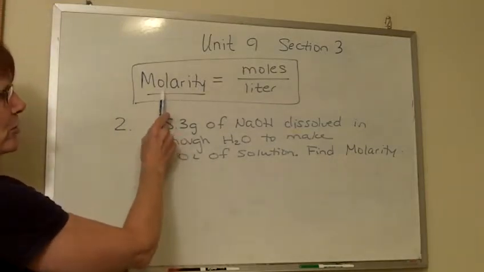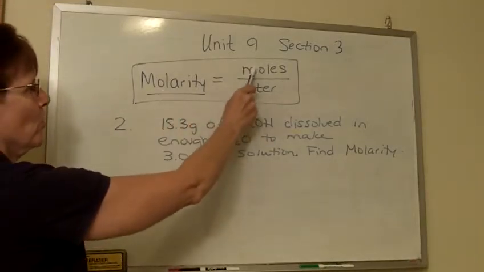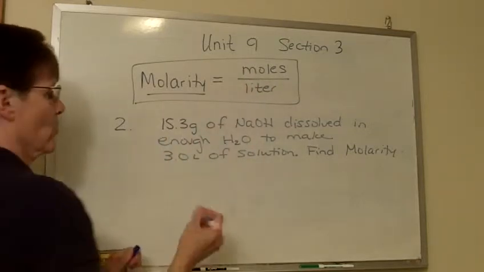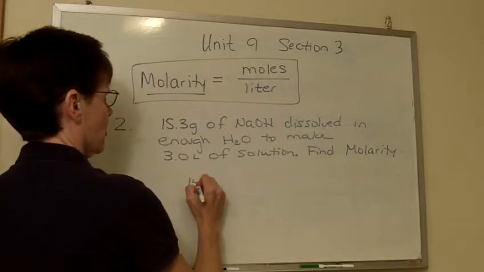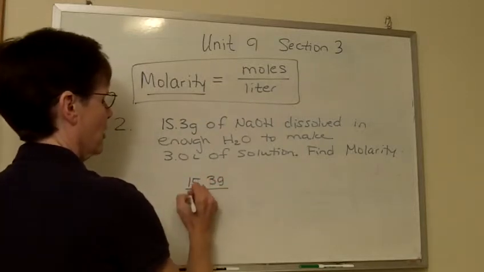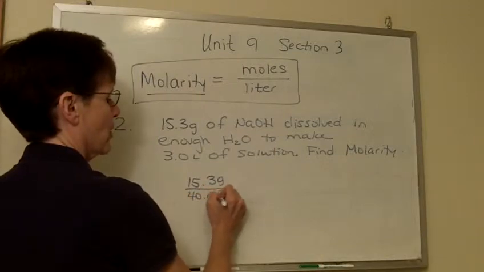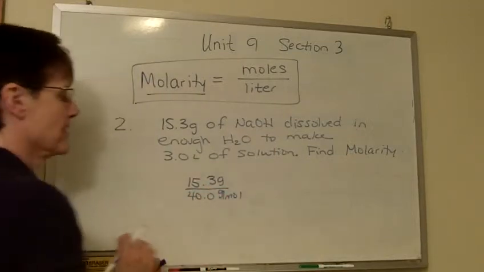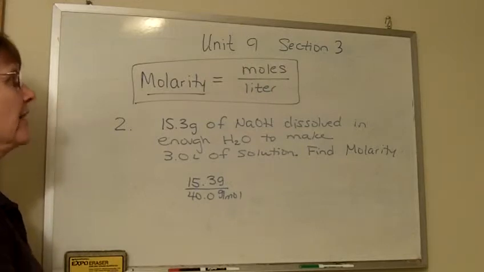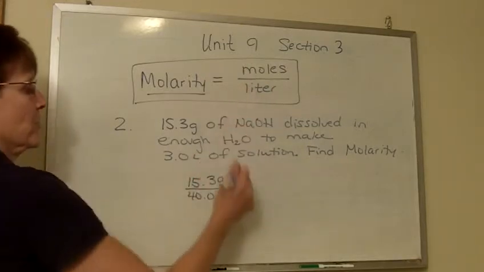The molarity, which is what we're trying to find out, is moles per liter. So the first thing I have to do is change this into moles. Back to something we already learned how to do: 15.3 grams divided by 40.0 grams per mole. That's going to give me the number of moles. And once I have that, then I can divide it by the liters.